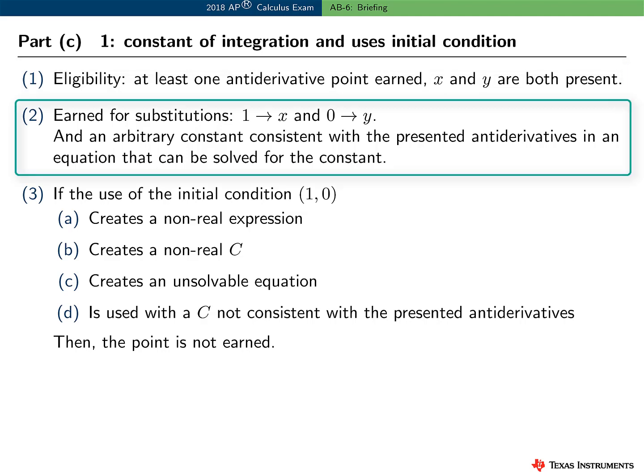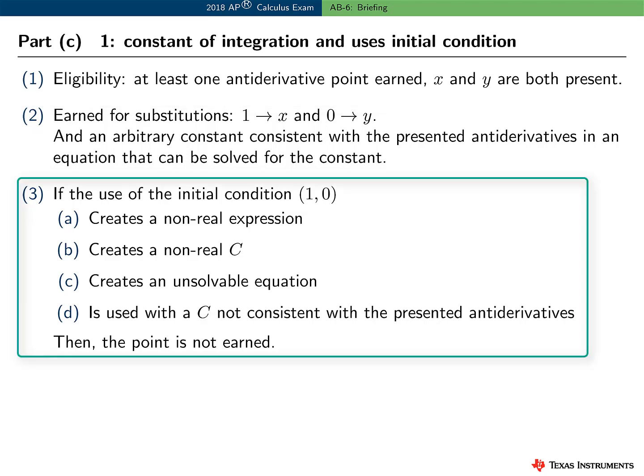This point is earned for presenting 2 steps in this solution process: for substituting 1 for x and 0 for y, and for including an arbitrary constant consistent with the presented antiderivatives in an equation that can be solved for the constant.